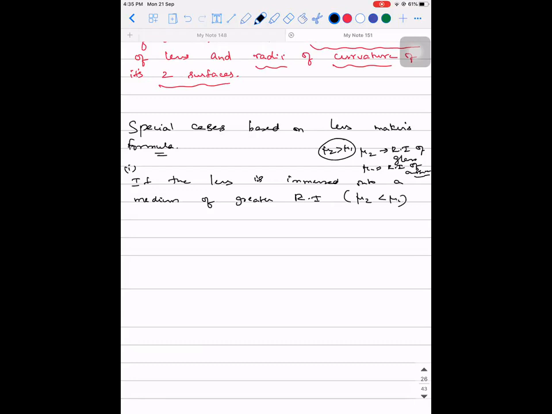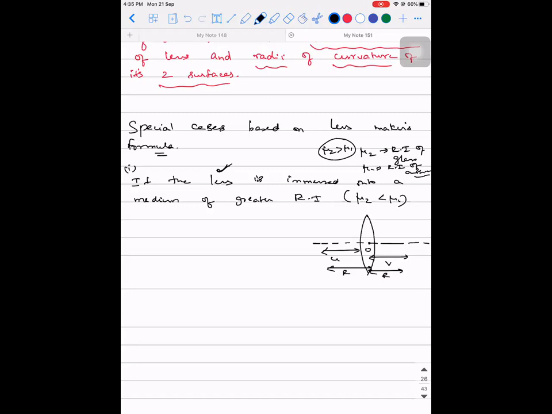For understanding purposes, I will take a biconvex lens. Observe. If I take this as the optical center, this is u, v, R, and this side also R. I'm taking a biconvex lens of equal radii.